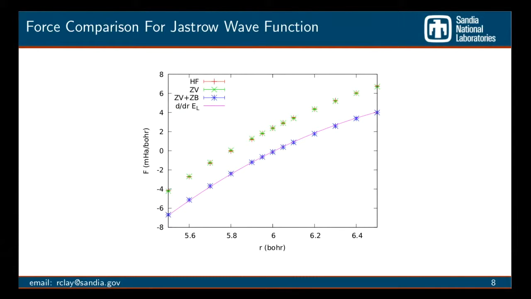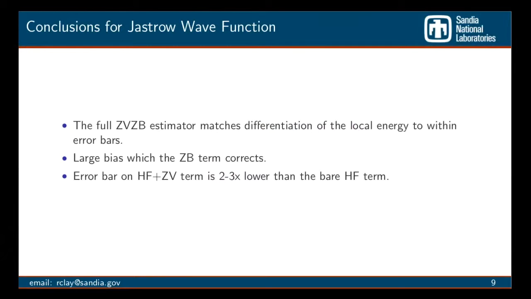So that's pretty good. To conclude this bit, we find that our analytic forces evaluated in the VMC nodeless case agree with the direct differentiation of the local energy within error bars.